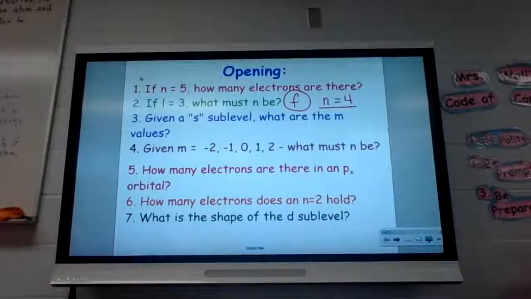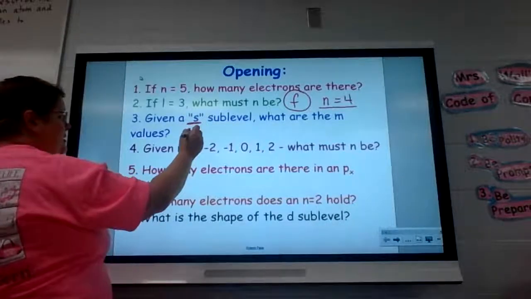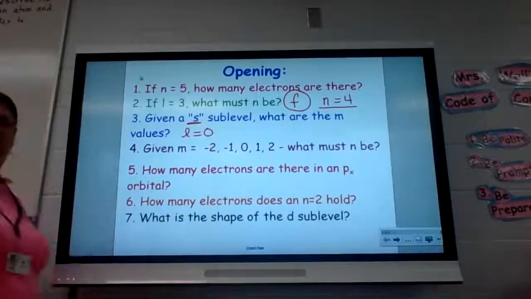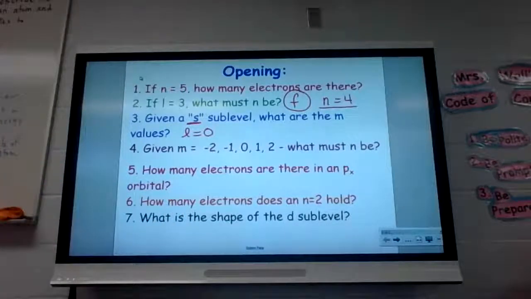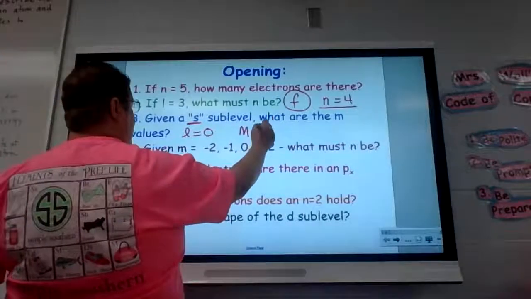Given an S sublevel, what are the M values? You have to know. If S is given, its L is 0. Now, what was the most common mistake we talked about the other day? What do people want? That's right. They always think L is 1. So you have to remember L is 0. So if L is 0, the M is 0.